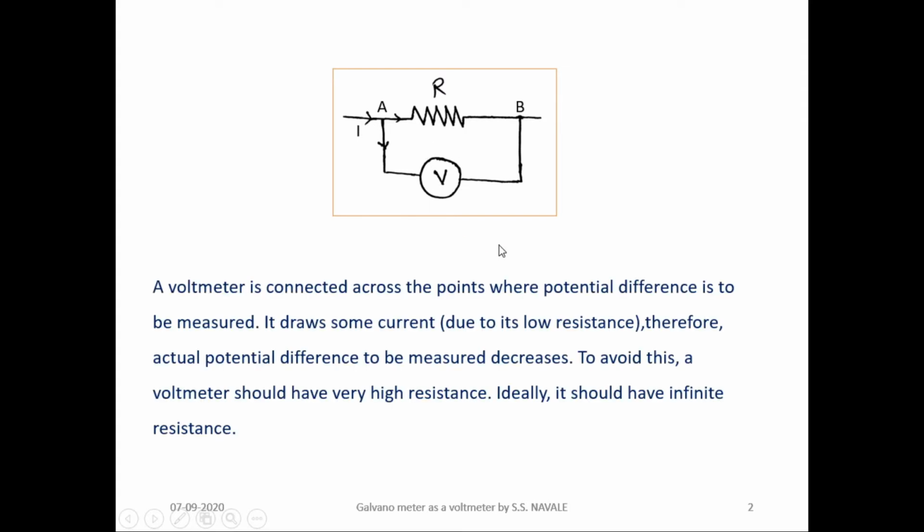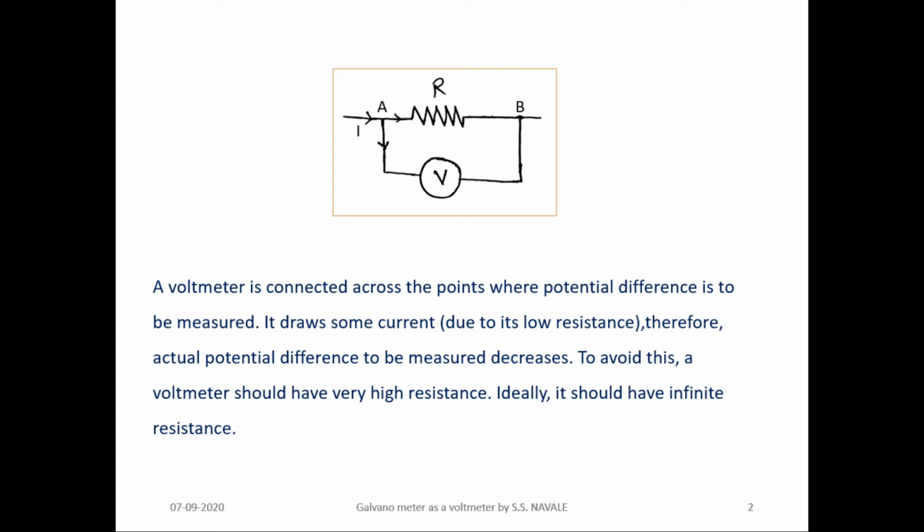This voltmeter has a small resistance. Due to that low resistance, it draws some current and the potential difference measured across points A and B is less than the actual potential. That is why the voltmeter should have infinite resistance.